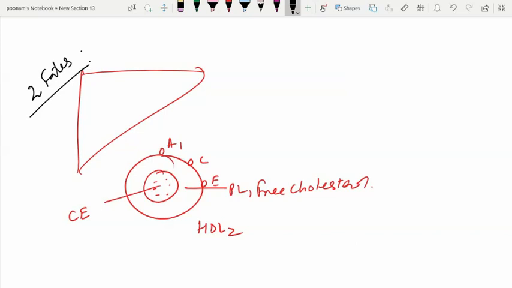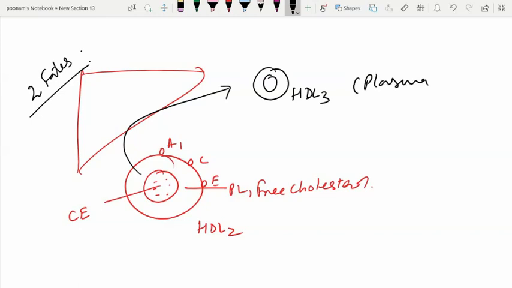In fast circulation, what happens? The HDL2 is converted to HDL3 and is sent back to the plasma. This is due to removal of some of the cholesterol ester, and the TAG which the HDL2 got in exchange with the remnant particles, which I will deal with a little later.